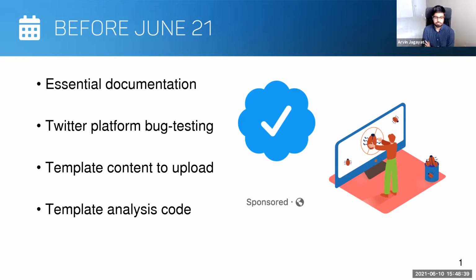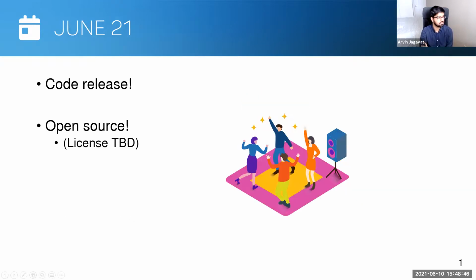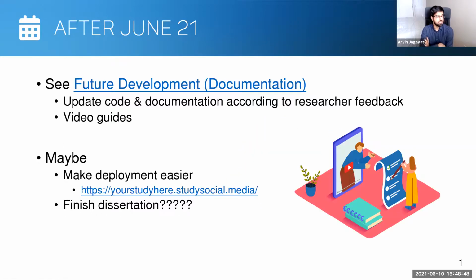Yeah, so if you go to the future development page, which is in the documentation, there is a long-term plan right now. To be fully honest, we've frozen development to make sure that we get this out nice and there's no bugs or anything like that, which could be catastrophic if you run a study online.